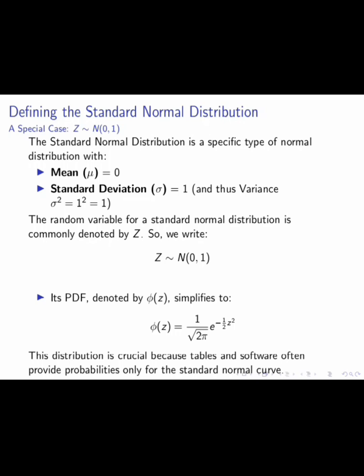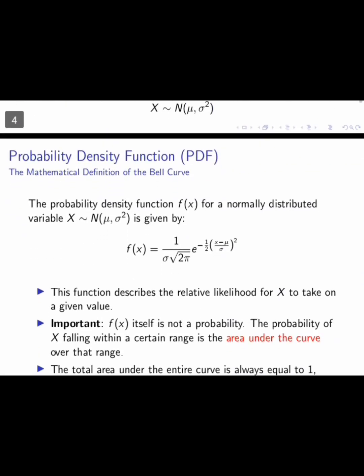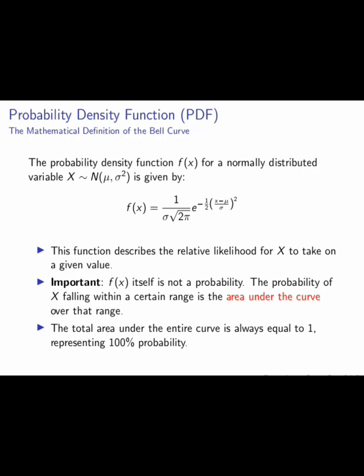Now, by applying 0 and 1 to the function that we stated earlier, let's go back to the function: 1 over sigma square root of 2 pi, e raised to power minus 1 over 2, x minus mu over sigma, all squared.